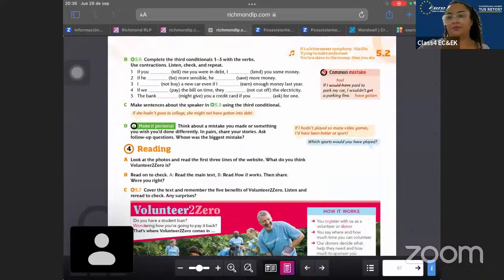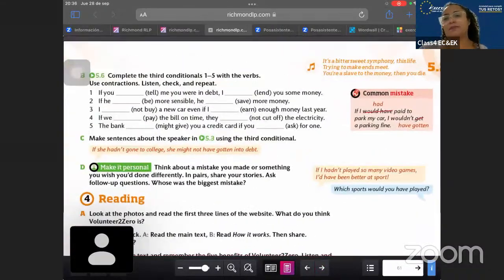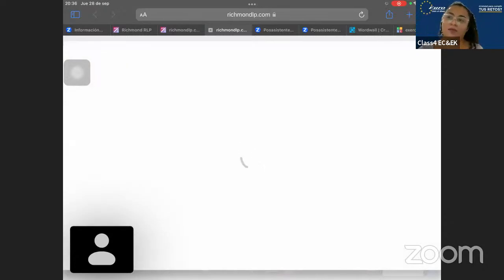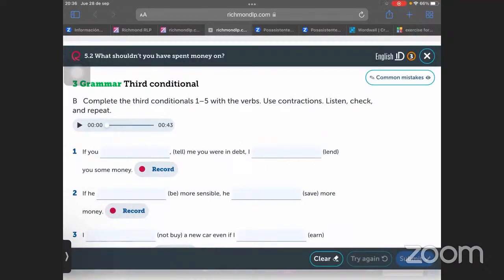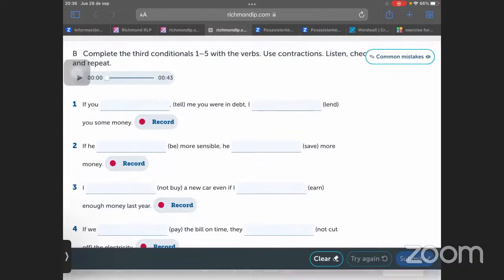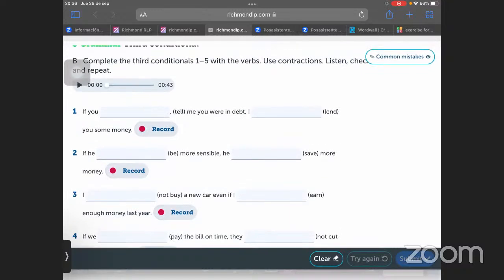Exercise B. All right, so the exercise is third conditional. Complete the third conditional 1 to 5 with the verbs. Use contractions. Listen, check, and repeat. I'm not gonna play the audio until the end, okay?